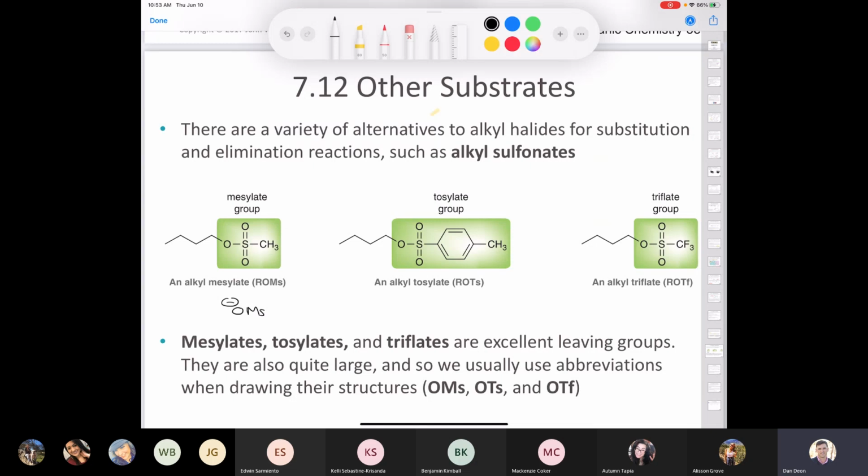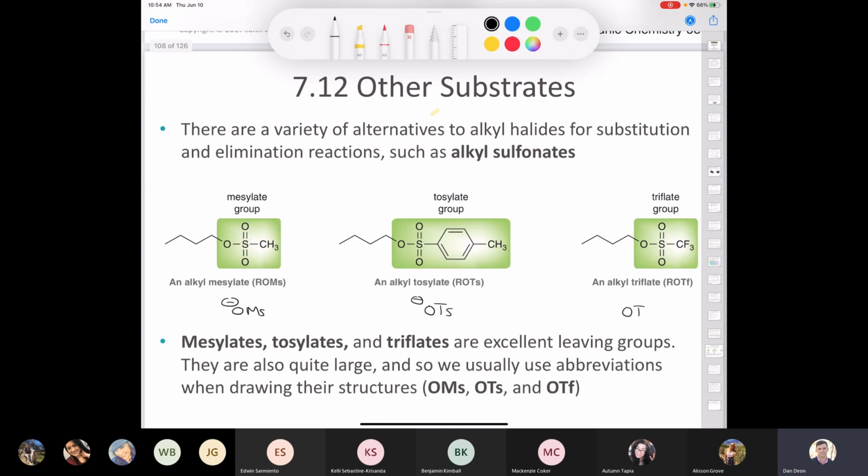Then if you have a toluene sulfonyl, the shorthand for that is a tosylate. You see how it's toluene, and then you have a sulfonyl, and we call that a tosylate. OTs minus would be the conjugate base of toluene sulfonic acid, which is a strong acid. And then if you have a triflate, that's where you have a trifluoromethyl attached to your sulfonate.